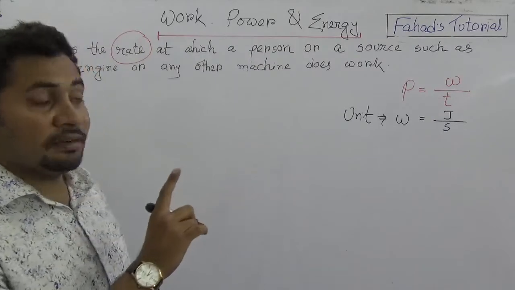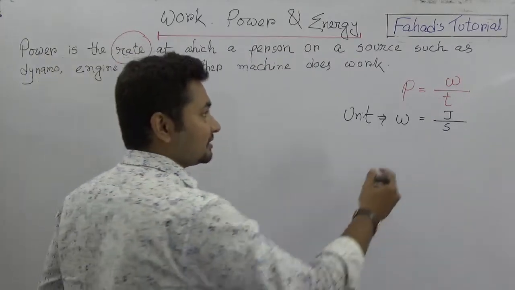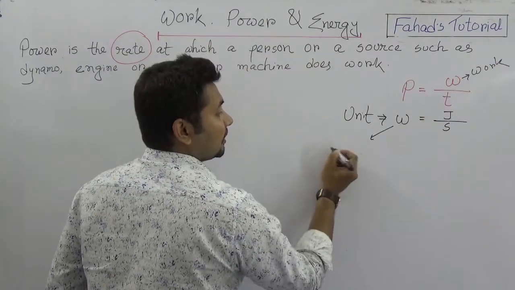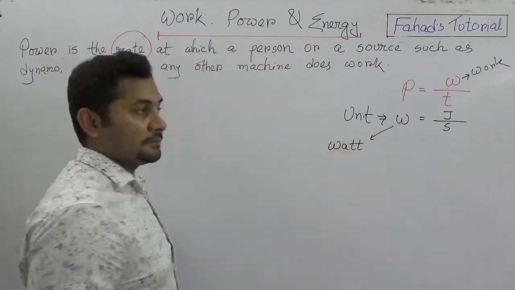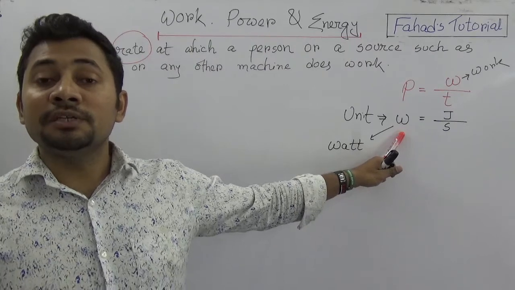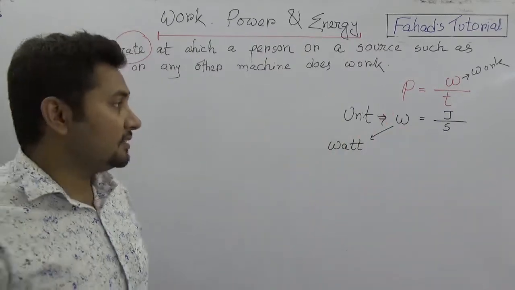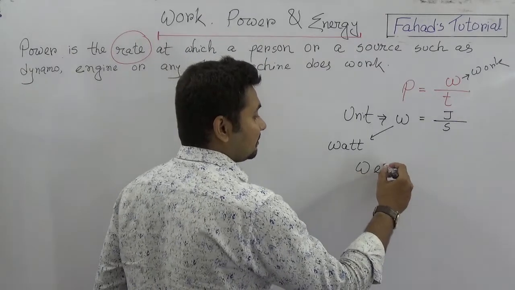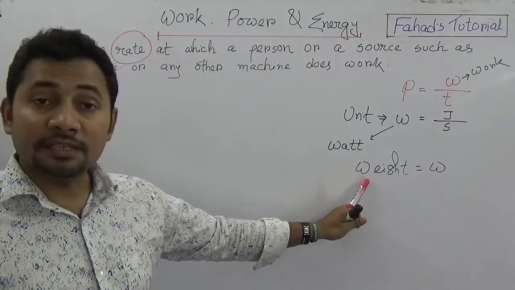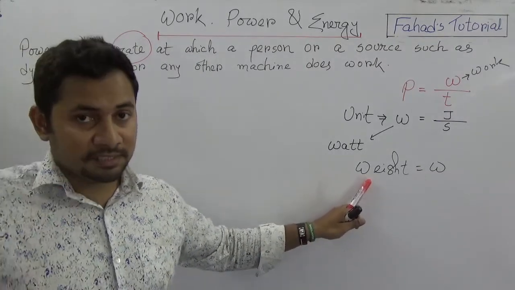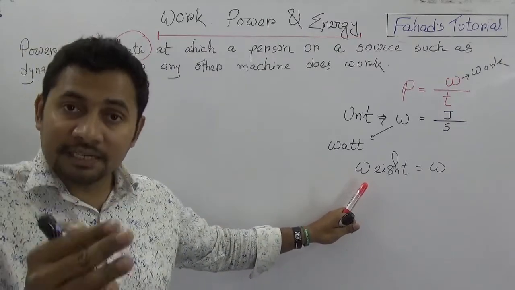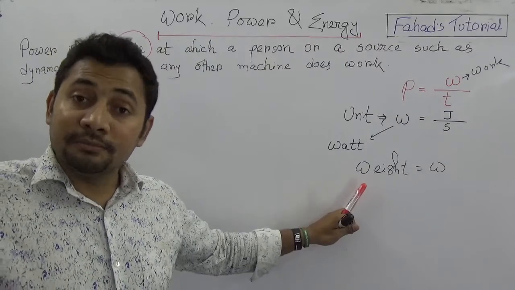So this is not about work. This is very important, because this W is about work and this one is about watt. So this W means the unit of power. Again, there is a similar thing: what we express by weight is also W. In my previous class I already explained the differences between mass and weight, as you already studied in the chapters on force and motion.